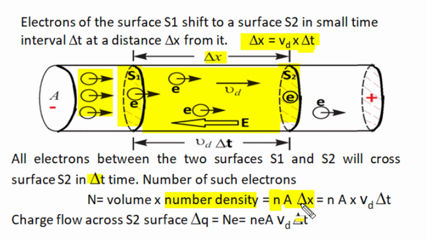In place of delta x displacement we can write drift velocity multiplied by elemental time.